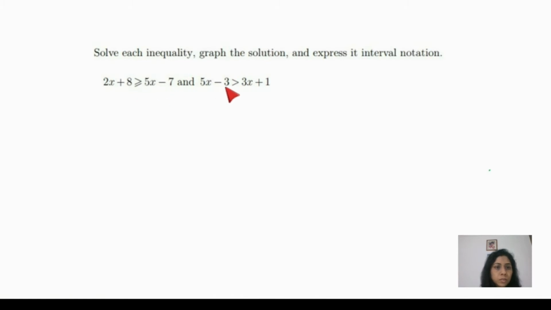So both inequalities here given, 2x plus 8 greater than or equal to 5x minus 7 and 5x minus 3 greater than 3x plus 1. So here both sides subtract 5x.